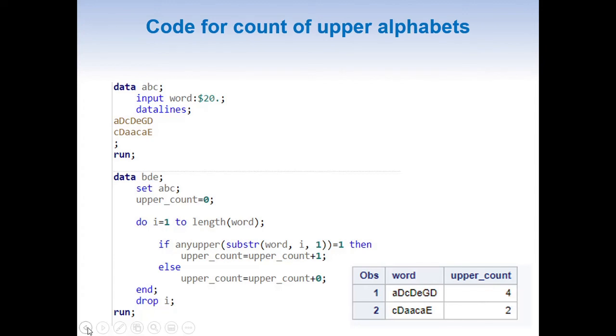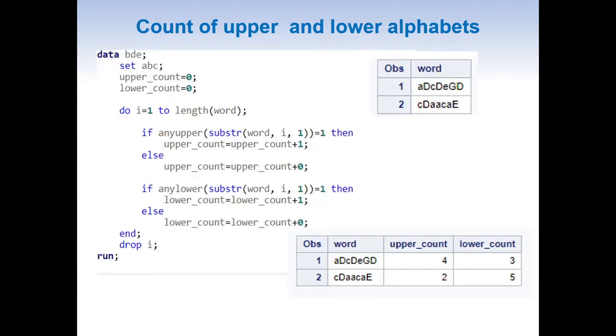Now that we have seen the code for the count of uppercase letters, let us look at the code for both uppercase and lowercase letters. This is super simple. All we need to do is add the logic for lowercase letters, which is pretty similar to the logic we built for uppercase letters.